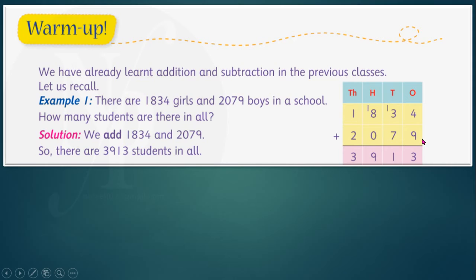So here 9 plus 4 is 13, 1 is carried forward to the tens place, and now 1 ten plus 3 tens becomes 4 tens, and adding it with 7 tens it becomes 11 tens.